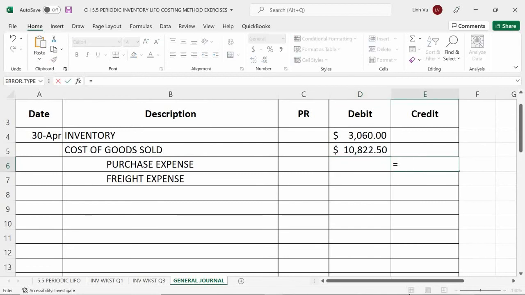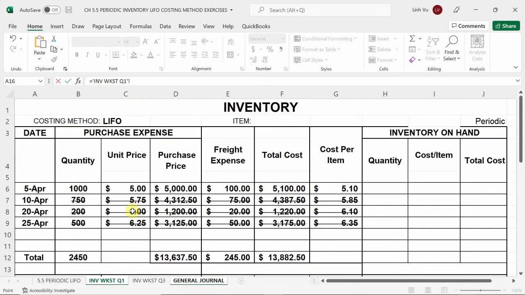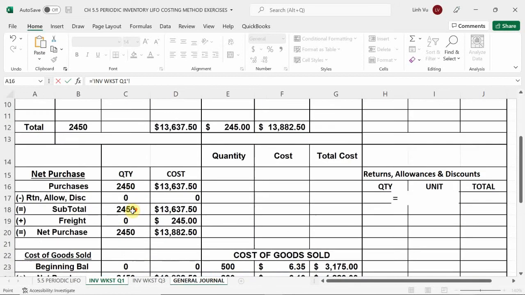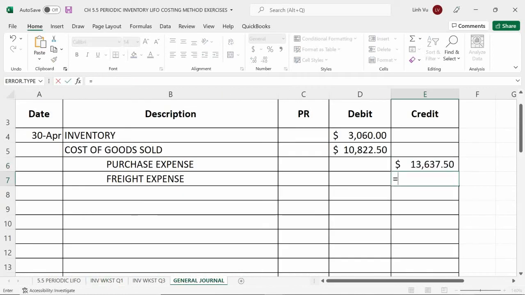What was the total original purchases? What was your total purchase expense, or in this case, purchase price? You can either refer to it from up here, or you can refer to it down here. 13,000. Correct. And then what was your total freight?